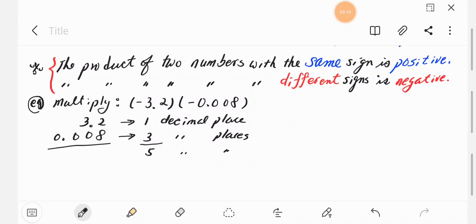So just multiply the two numbers: 2 times 8 is 16, carry 1, 3 times 8 is 24, plus 1 is 25. Okay, and then the product must have decimal places. So we have 2 digits. Oh, sorry, there are 4, right? 4 decimal places.